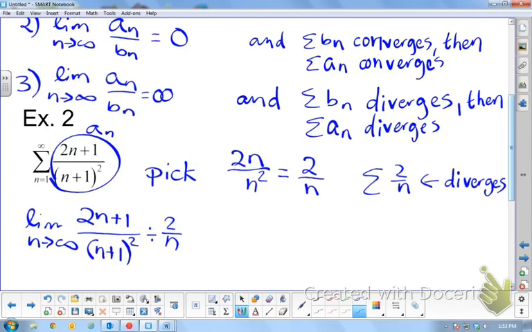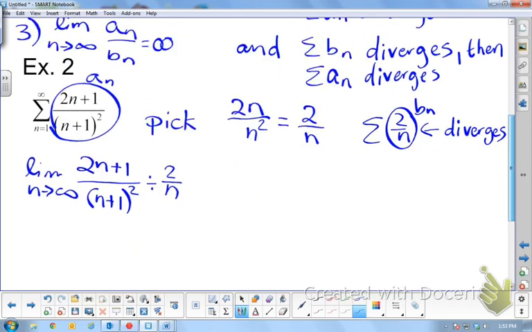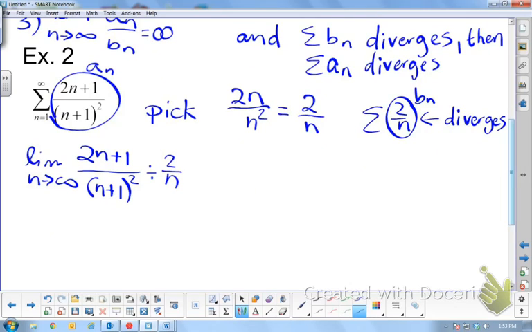This I'm considering b sub n. And I want it in the denominator on purpose because then case 3 could be possible. So usually we put the one we pick on the bottom. So now, what do we know for dividing two sets of fractions? Multiply by the reciprocal.